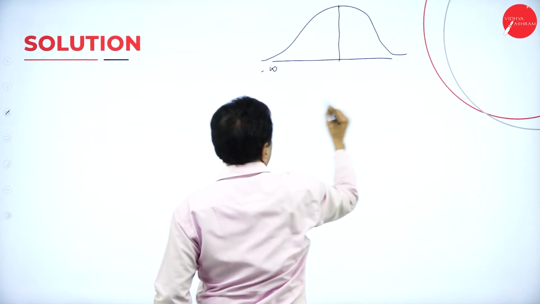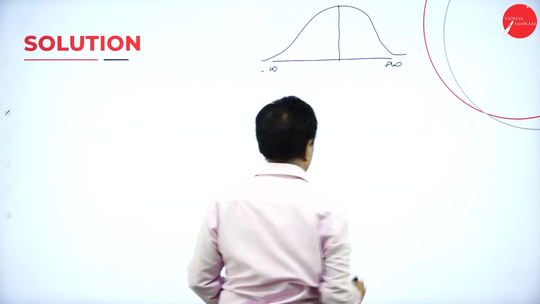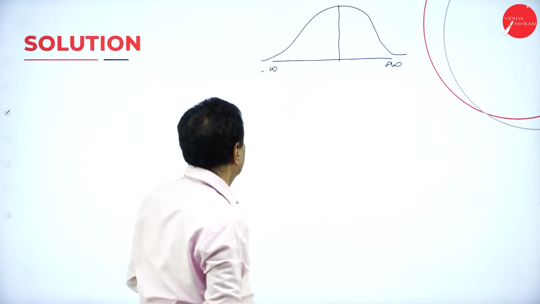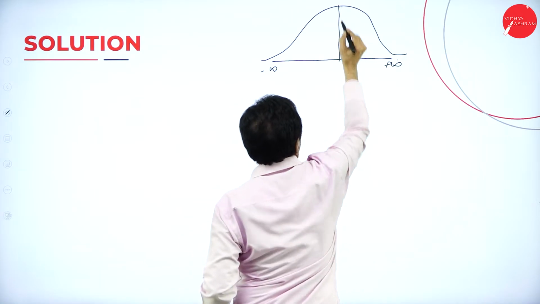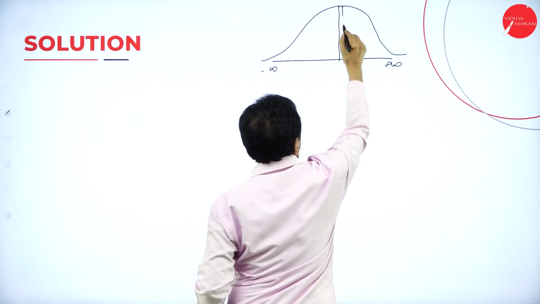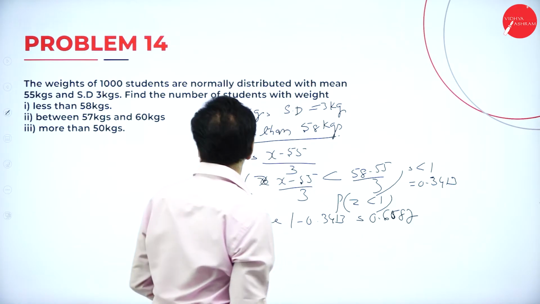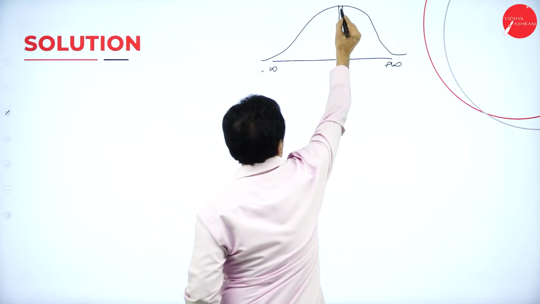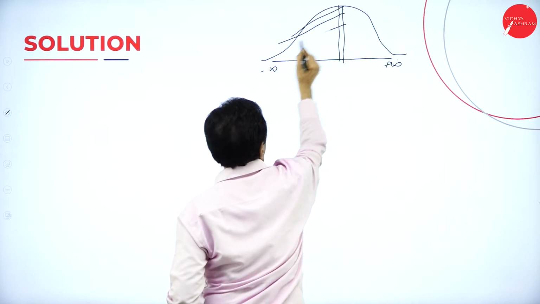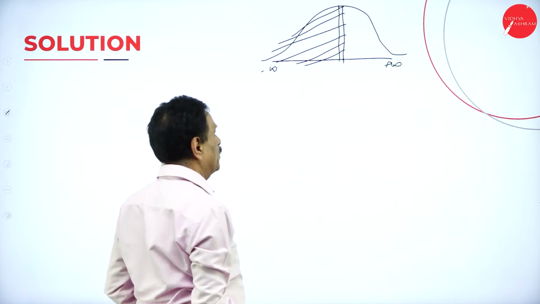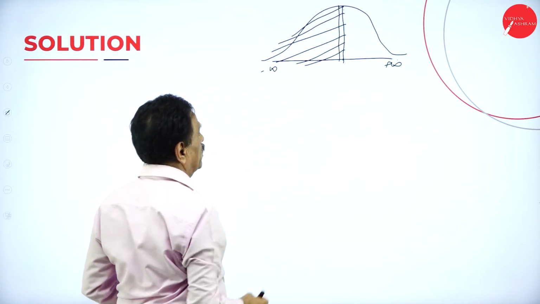Minus infinity, positive infinity. What's the value you got? It's positive 1. Is it less than or more than? Less than. So what's the area left over that you have given? This is called the normal distribution curve.